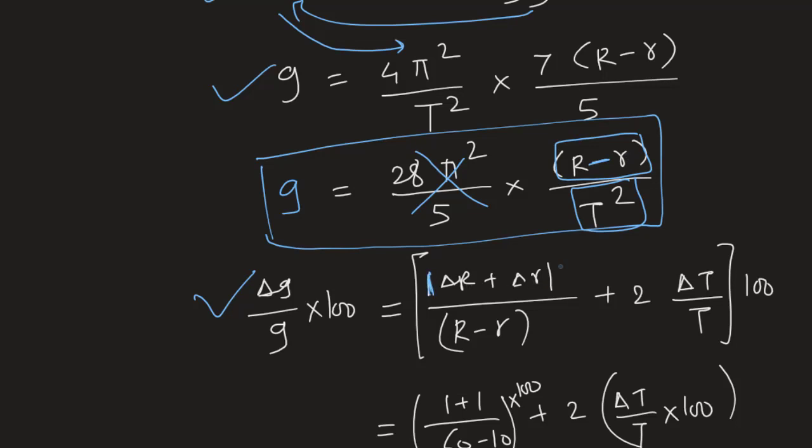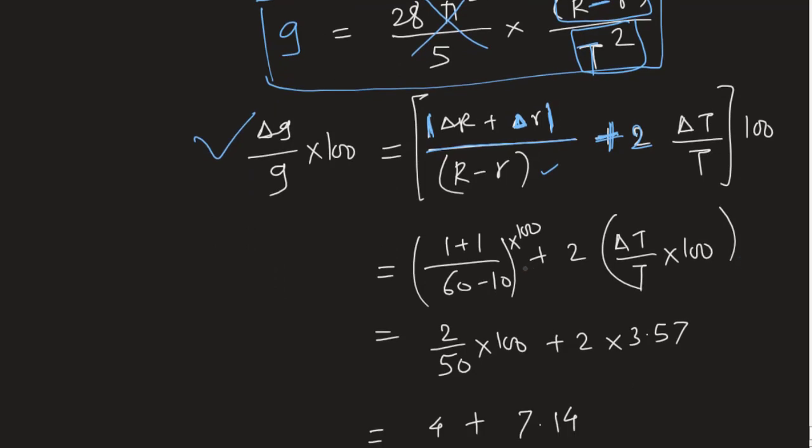We have to add those absolute errors in the measurement of capital R and small r divided by R minus r, okay. Plus, since we are dividing it by T square, we have to add this plus over here. Then 2, since T is raised to power 2, we have to take 2 over here, and then it will be delta T by T and into 100. So over here I have multiplied by 100 to both the terms.